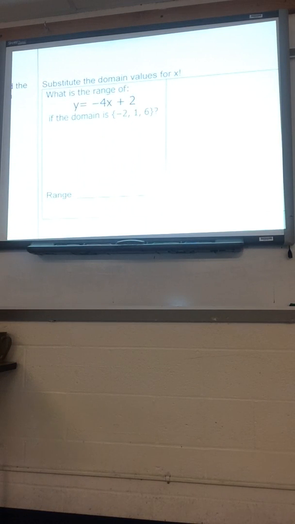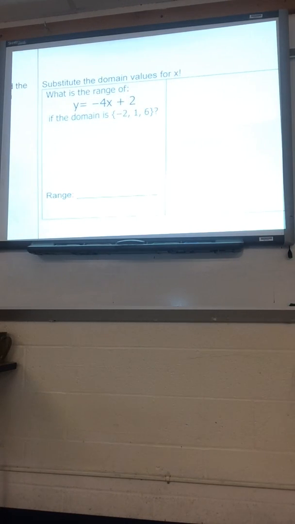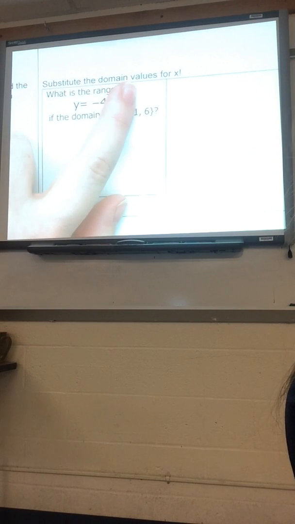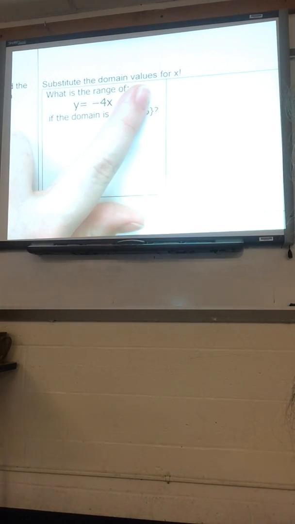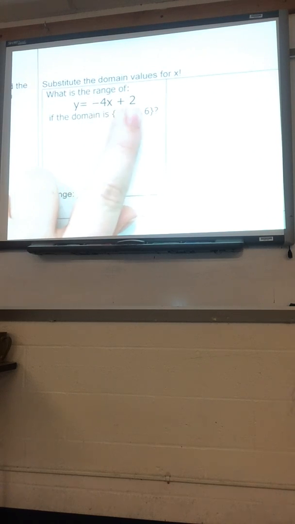So if you're already one step ahead, you might think, oh, well, to find the output, I need to put in the input. And you're right. When we get to examples like this, all we're going to be doing is substituting the domain values for x. So my equation is y equals negative 4x plus 2.